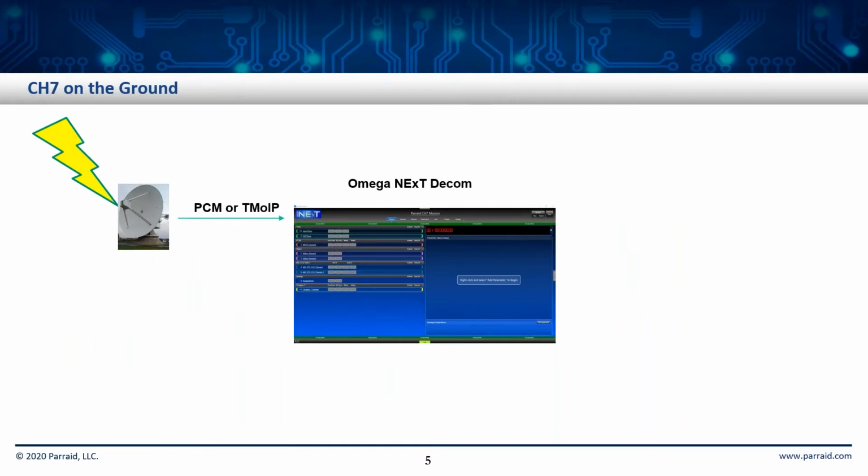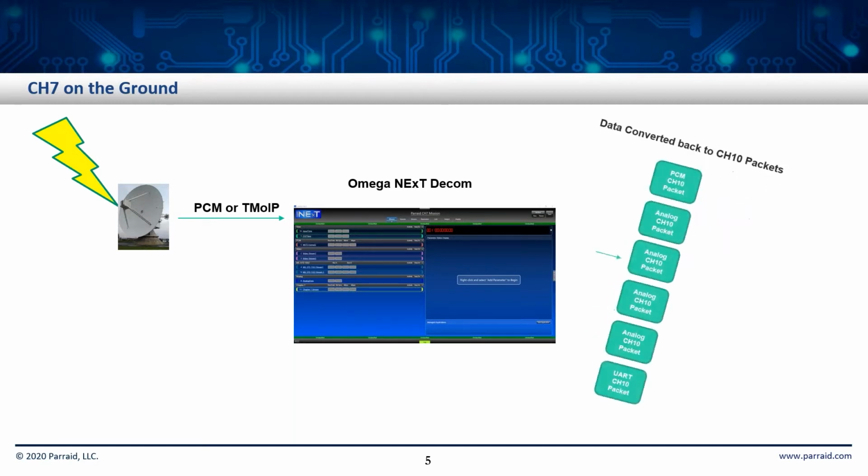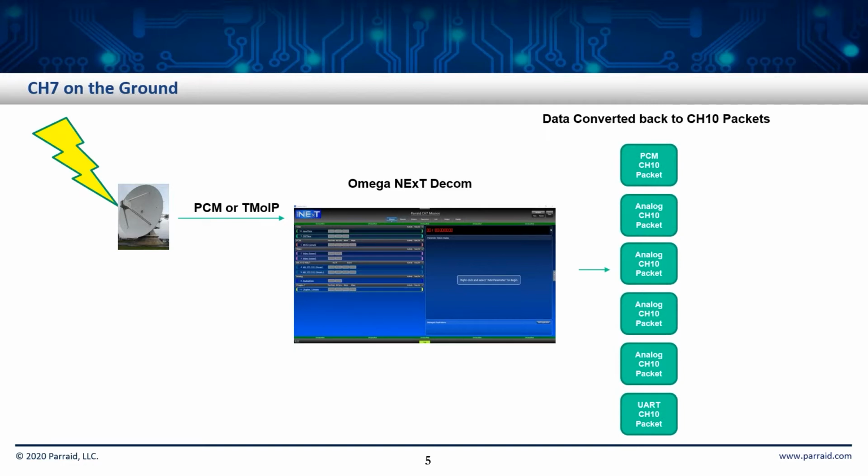And then at that point, it will be picked up by a receiver, and then the decom system, we're going to be using Omega Next decom to describe this, but any decom system that can handle Chapter 7 will do this. We'll pull the Chapter 10 packets out of the PCM data, and then you can parameterize the data and display it and do analysis on it, etc.